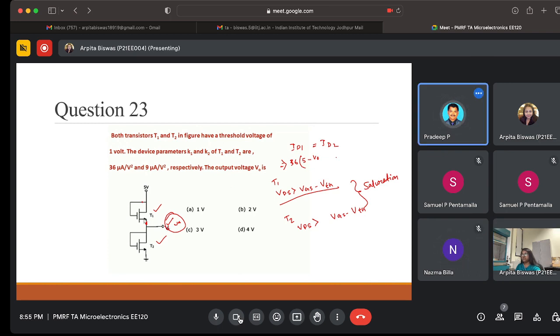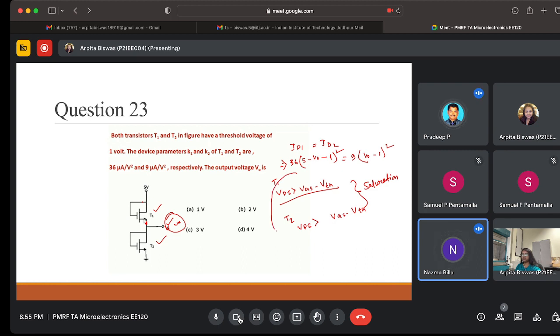So V0 minus VTH. What is the value of VTH? 1 volt. So can we write it like this? Yes, ma'am. Okay, and tell me what is the right side equation? 9 into V naught minus 1 whole square. Ma'am, the answer is 3 volts, ma'am.